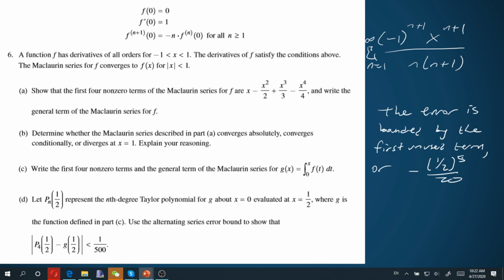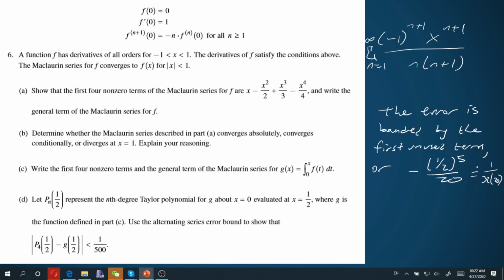Okay, what's 2 to the 5th power? 32. So 1 over 32 times 20. Perfect. So we are bounded by 1 over 32 times 20.